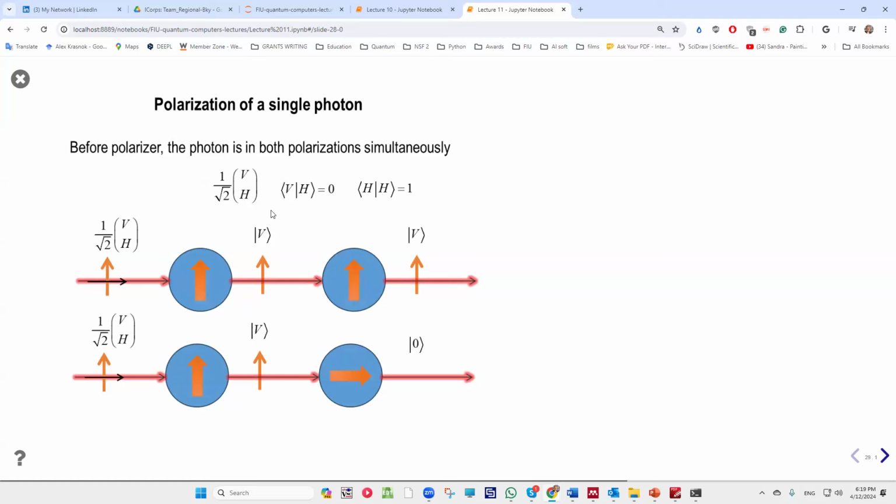And here is the same picture, but in the notation we use for quantum.